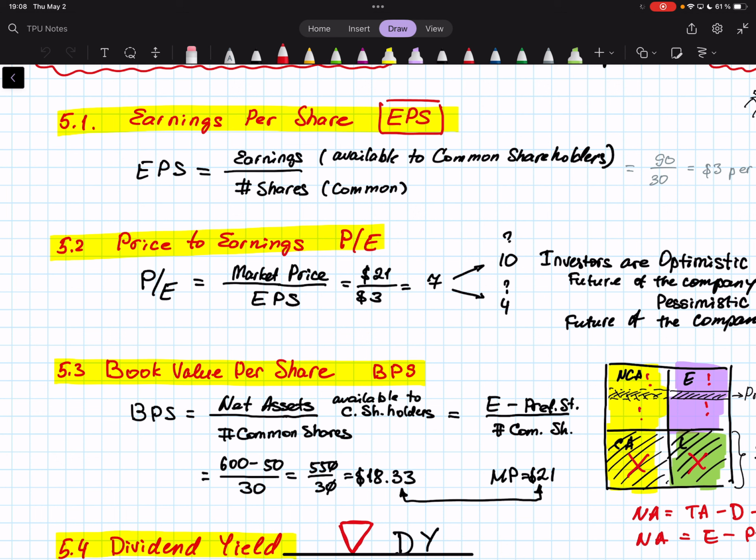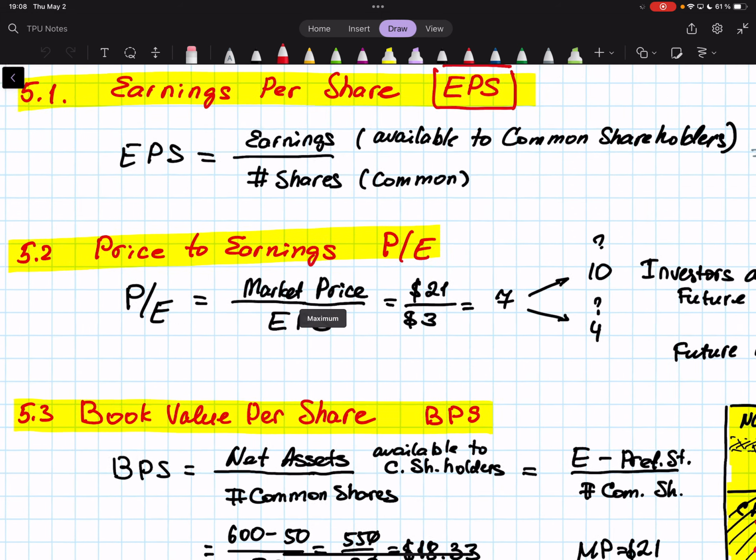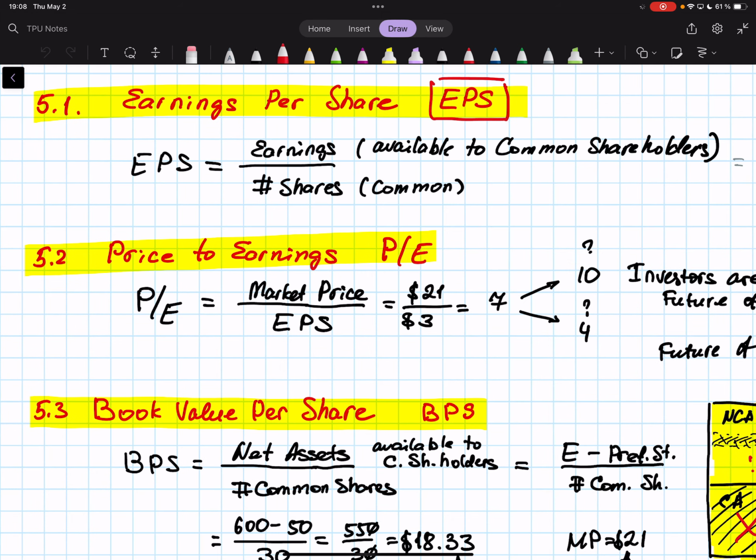So, хитрый коэффициент. The price to earnings ratio is calculated by taking the market price and dividing by the earnings per share. Let's say that the price of a share is $21 and it earns $3 on a per share basis.